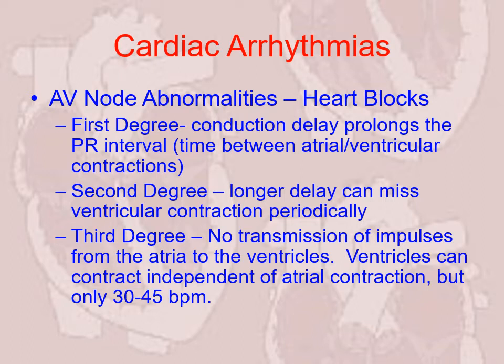Second degree, longer delay, can miss ventricle contractions periodically. So the QRS may be small or absent in this type of presentation. Third, which is no transmission of impulses from the atria to the ventricles. Ventricles can contract independent of atrial contraction, but only 35 to 45 beats per minute.